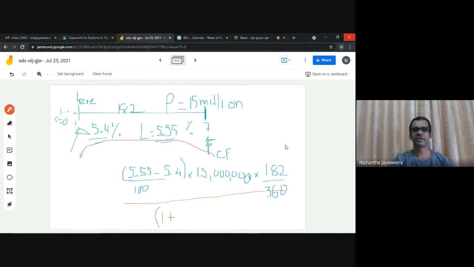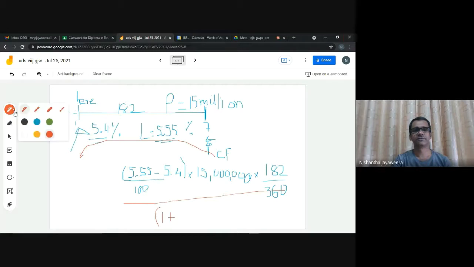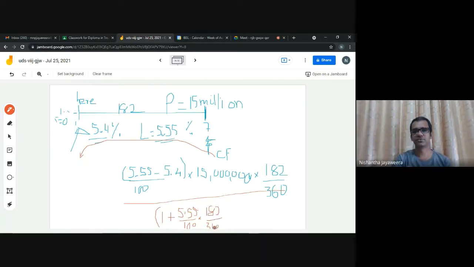So you have to discount it at 5.55 divided by 100. Not only that, this is for 182 days. I guess you can remember the money market calculation.